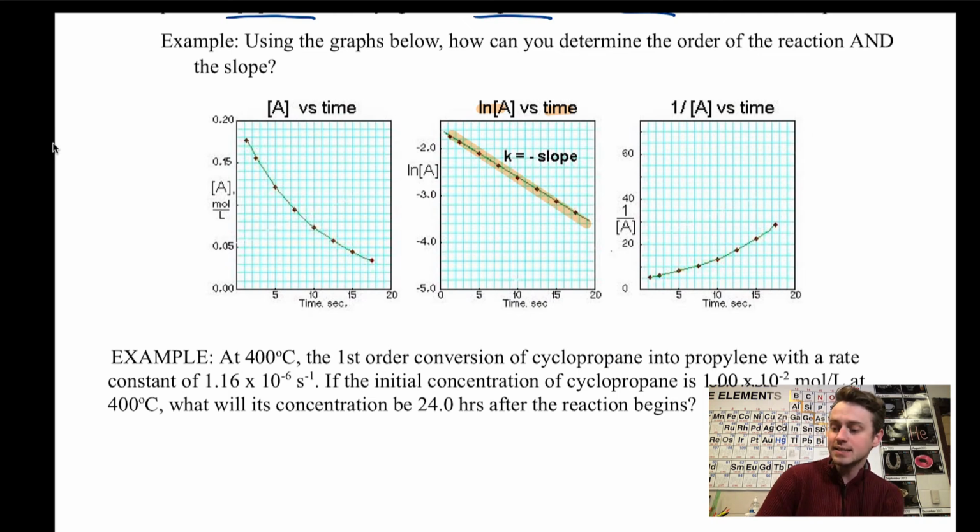So because this axis is natural log, this axis is time, and we have a straight line, I know that this is a first order reaction. Since we're talking about the reactant being A, I could write this rate law as rate is equal to k times the concentration of A.